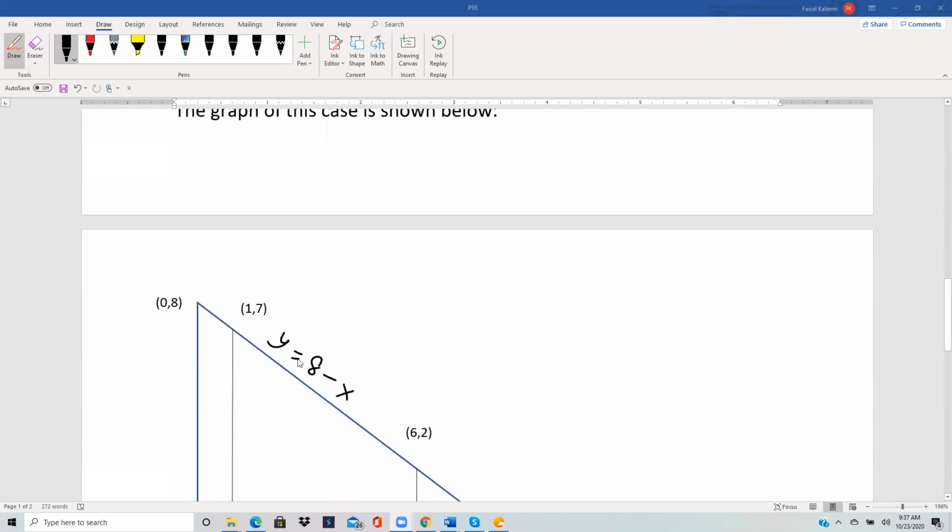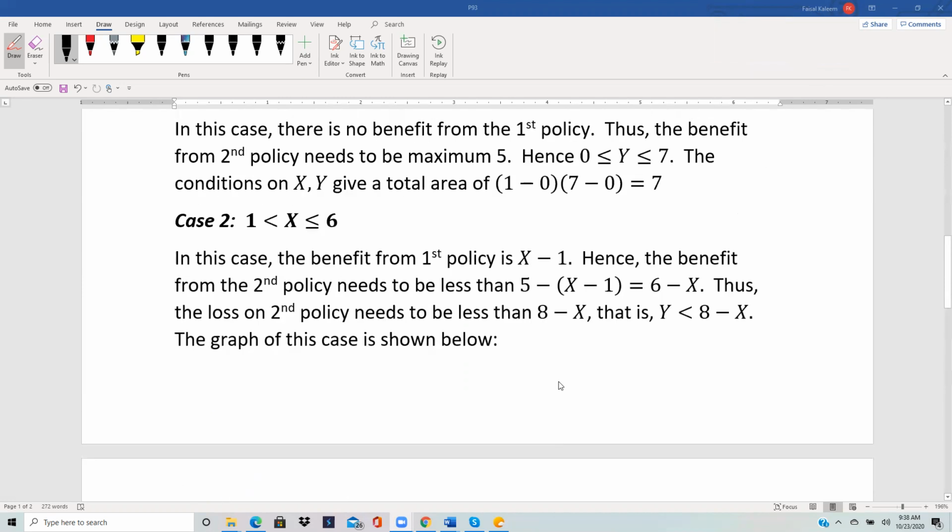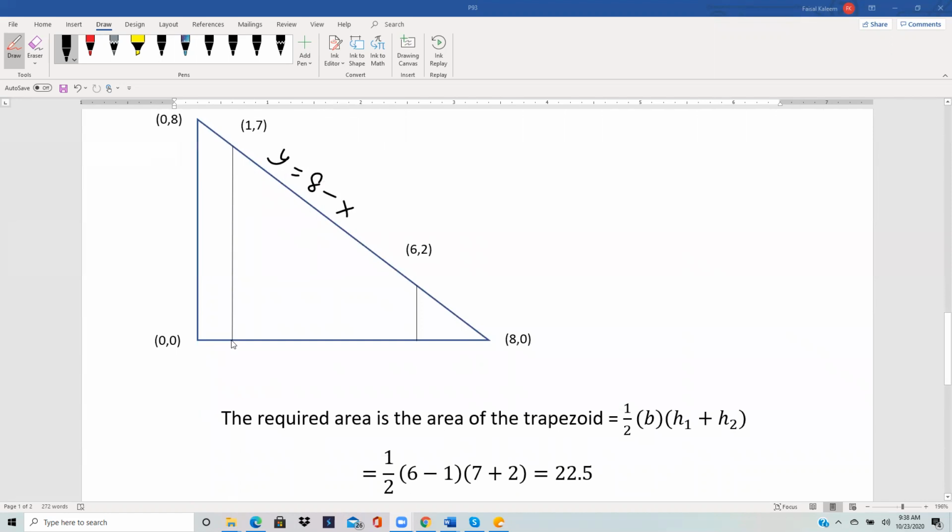Y equals 8 minus X is this line. Normally it would be the whole triangle when you do Y less than 8 minus X, because less than 8 minus X is the region below the line Y equals 8 minus X. But in this case, X is only between 1 and 6. So this is 1 for X, and this is 6 for X. I've indicated them here: this line has X equals 1, and this line has X equals 6.